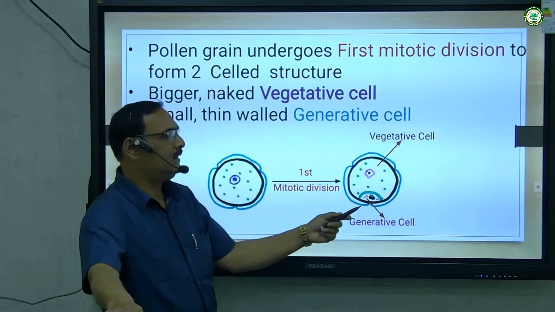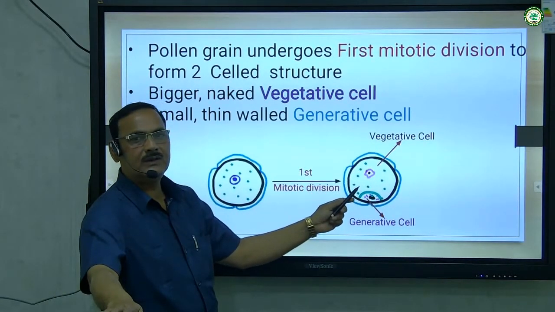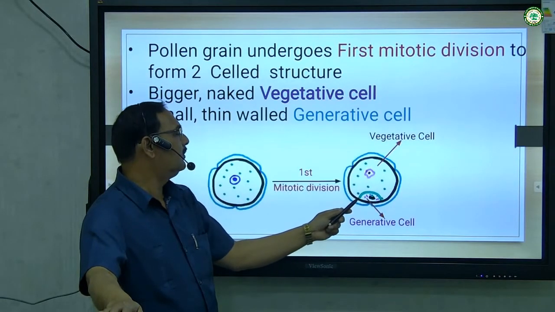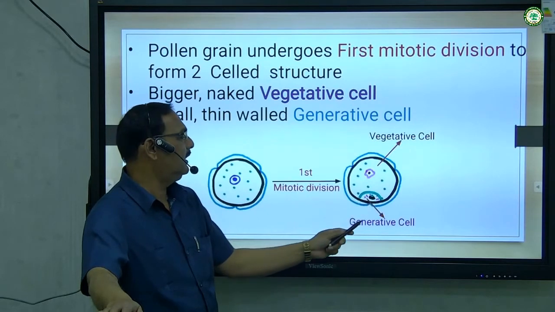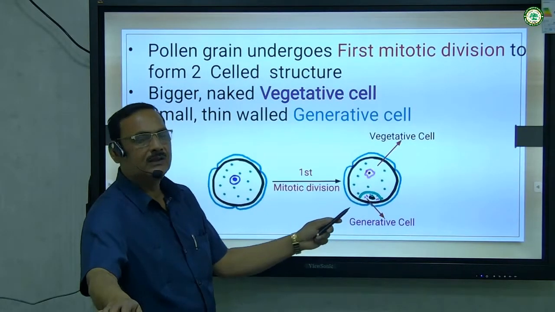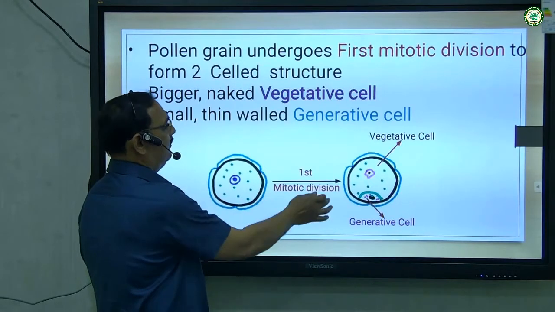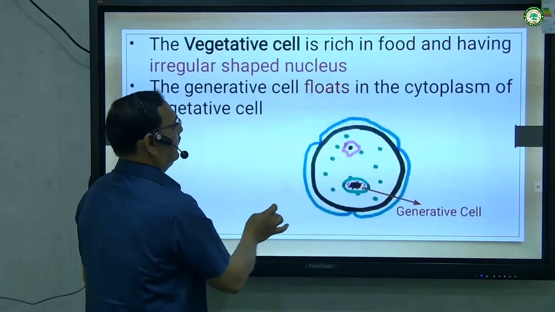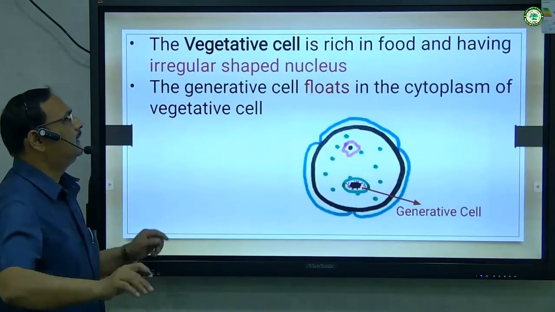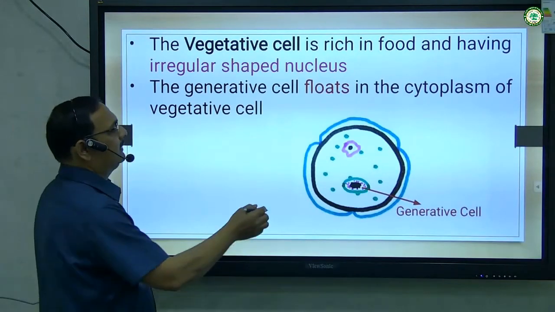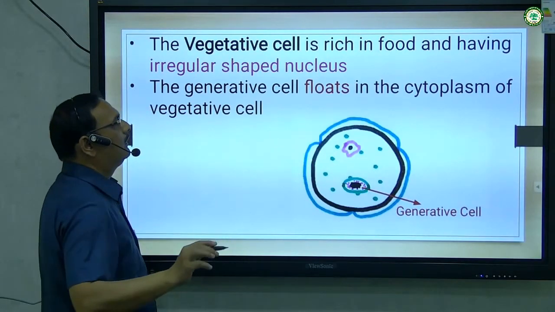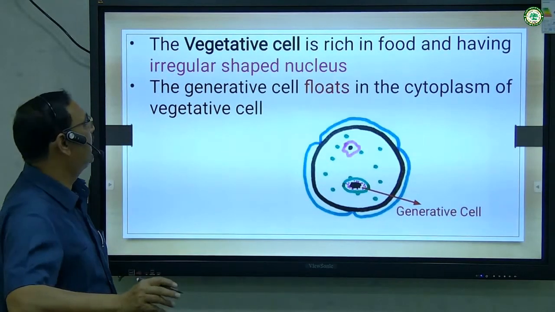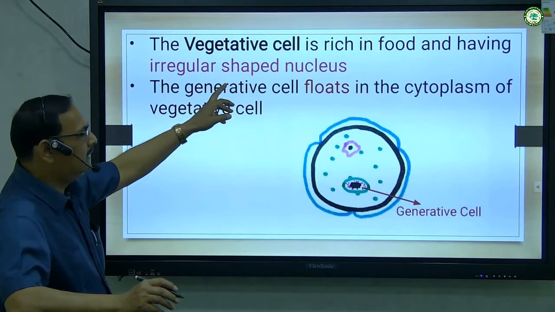In this structure, you can see the larger cell, which is called the vegetative cell, and towards the lower side you can see a smaller single cell, which is called the generative cell. So this is the two cell structure formed in the pollen grain. Now, the vegetative cell is rich in food and has an irregular shaped nucleus.